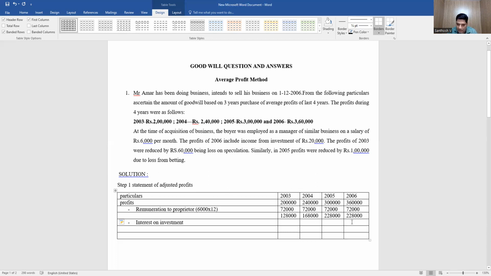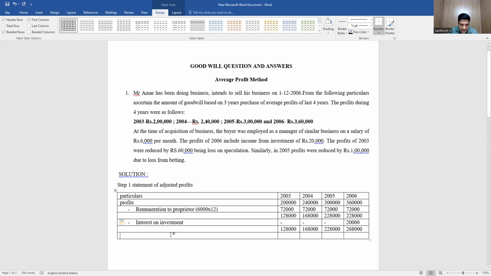In the 2006 column only you need to write 20,000. The remaining years should be nil, or you can put a small dash. Then you do the total again: 1,28,000, 1,68,000, 2,28,000, and in this column 2,68,000.